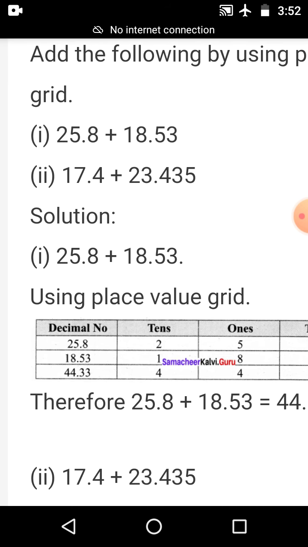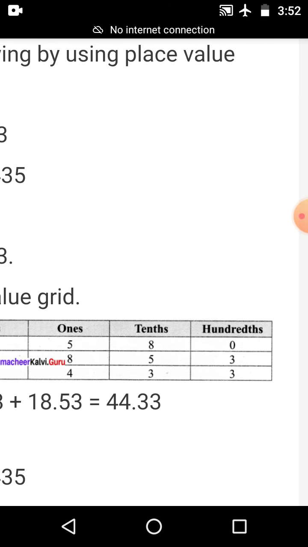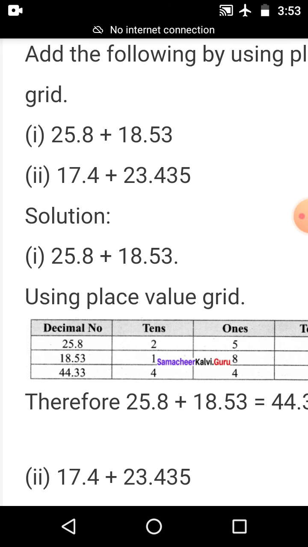First you have to draw a tabular column with the headings decimal number, tens, ones, tenths, hundredths. After the decimal point we have to say the place values as tenths, hundredths. First write the numbers you have to add: 25.8 and 18.53. Then add them. The answer is 44.33.